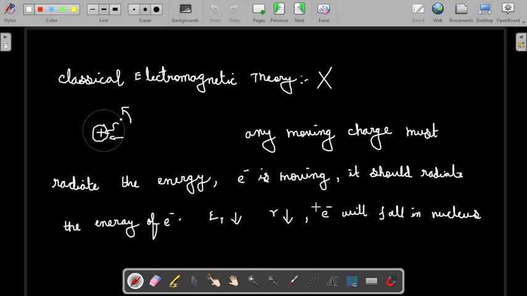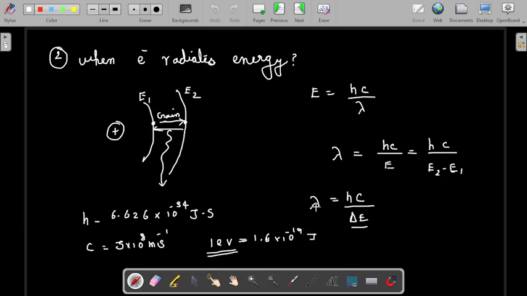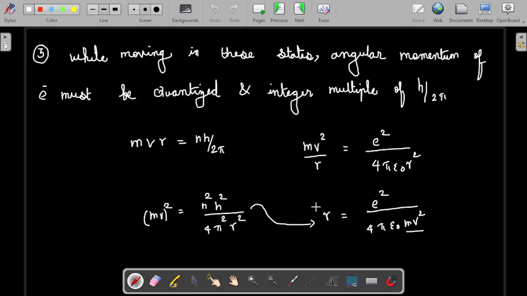Then Bohr came and gave three laws: the electron does not possess any arbitrary energy, rather it possesses a certain set of energies. The second law states that the net transition in energy will be radiated at a particular wavelength. The third law states that the angular momentum will be conserved and quantized as an integer multiple of h divided by 2 pi.